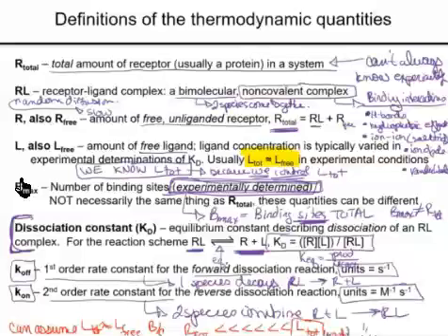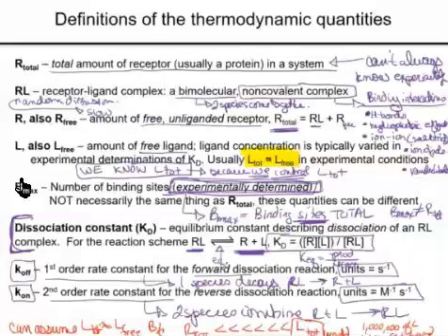So let's say that we add 1,000,000 molecules of L to the system, and we bind 50. And we'll say that 50 is the maximum number of ligands that can be bound. Well, what's 50 out of 1,000,000? It's like no change, right?